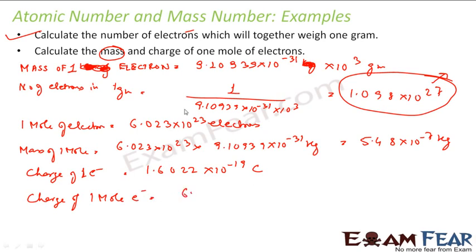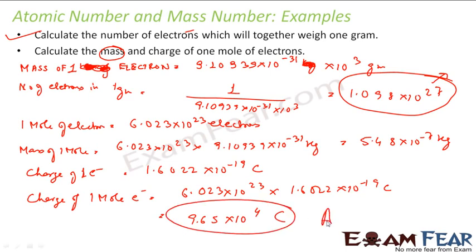This number of electrons is 1 mole. So this number multiplied by charge of 1 electron, that is 1.6022 into 10 to the power minus 19 coulomb. And if you solve this, you get 9.65 into 10 to the power 4 coulomb. This is the charge of 1 mole of electron.